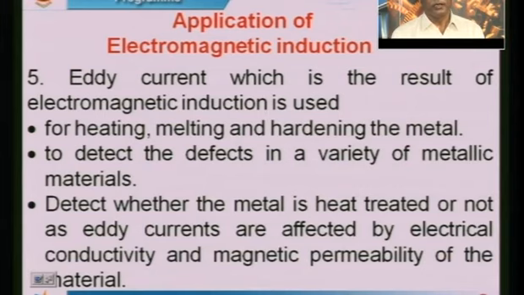Then eddy current, which is the result of electromagnetic induction, is used for heating, melting and hardening metal, to detect defects in a variety of metallic materials, and to detect whether the metal is heat treated or not, as eddy currents are affected by electrical conductivity and magnetic permeability of the material.